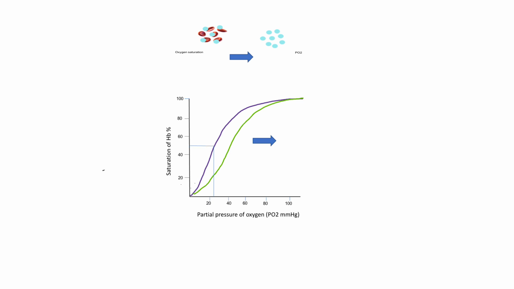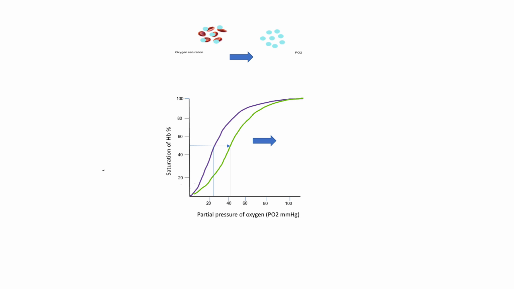In the normal oxygen dissociation curve, when the partial pressure of oxygen is around 25, hemoglobin is 50% saturated. However, if the affinity of hemoglobin for oxygen is low, more oxygen will be released in solution and this will increase the partial pressure of oxygen.